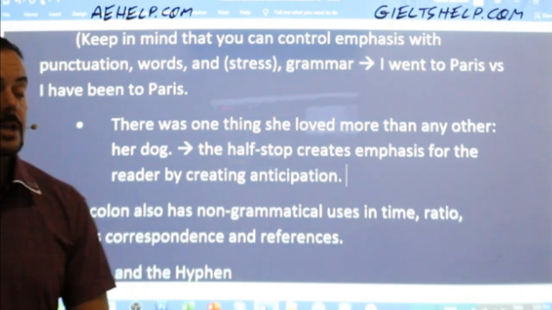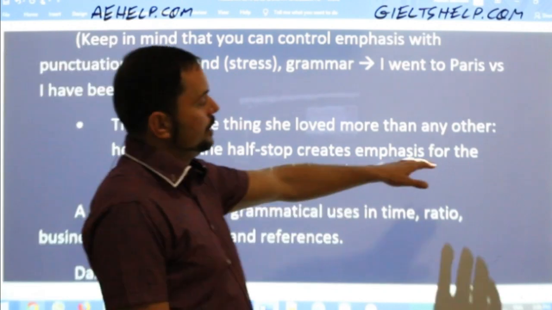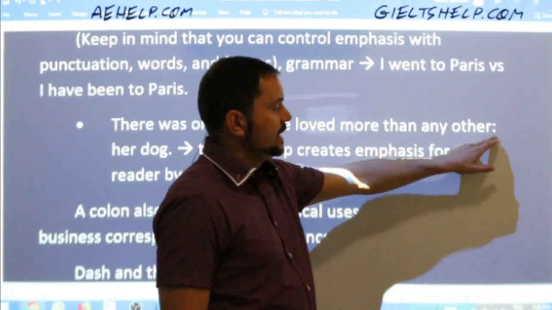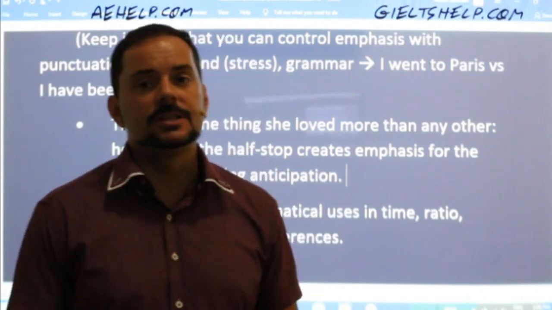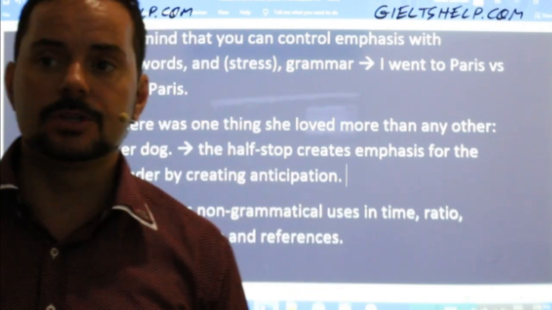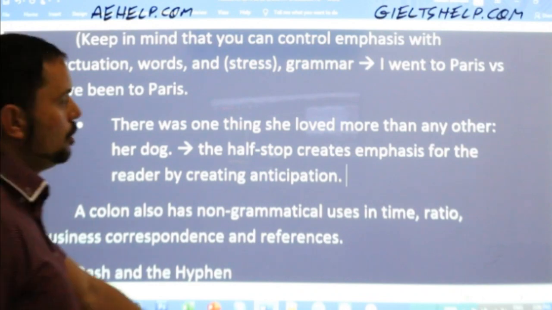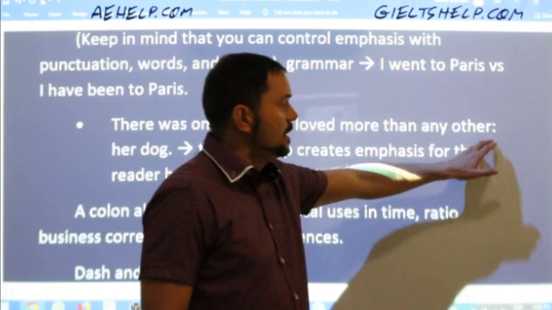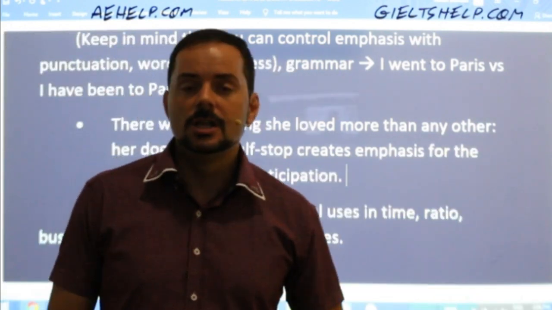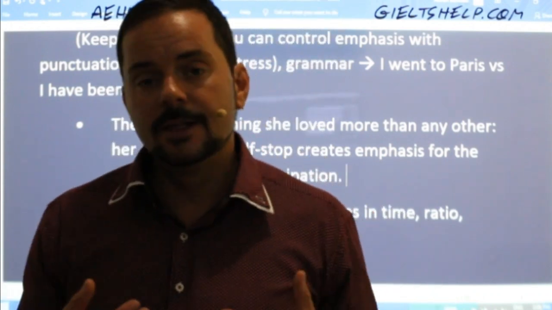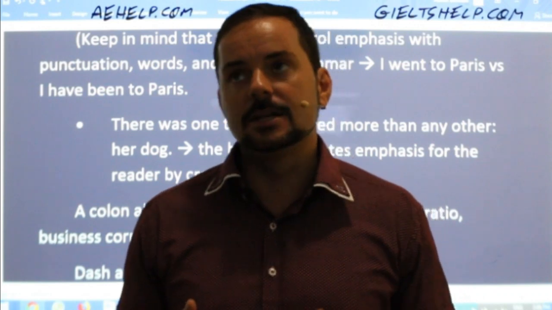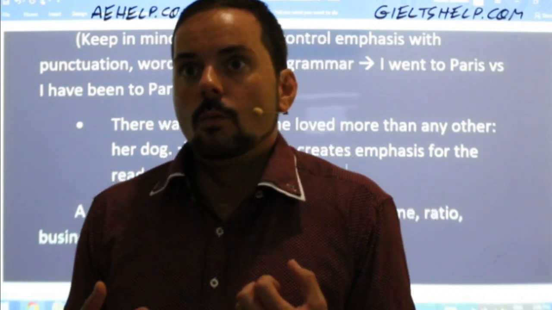Okay? So remember that a colon is a half stop. The period's the full stop, the comma is the third stop. Okay? A third of a stop. So the colon creates the emphasis by creating anticipation. So if I'm reading this story to you, then in your mind, that half a second is enough for you to think, oh, what is it that she loves?